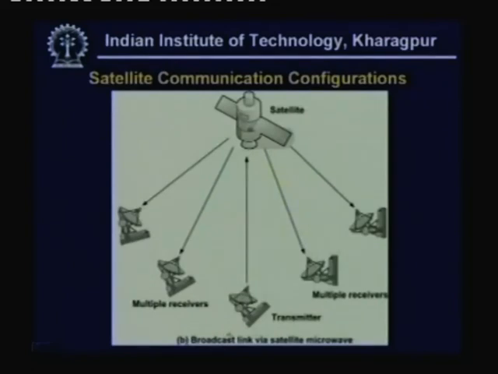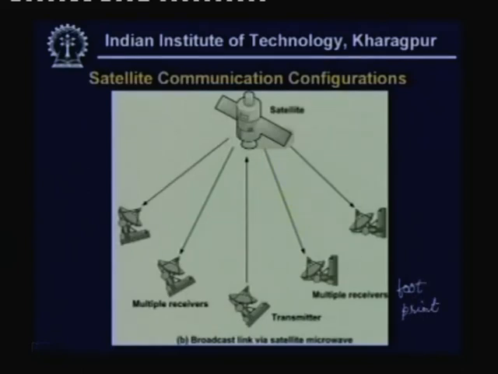And this is the second alternative, where you can achieve broadcast with the help of satellite microwave. You see here you have the satellite, and it can cover a quite large area which is in the footprint. It is called the footprint of the satellite.